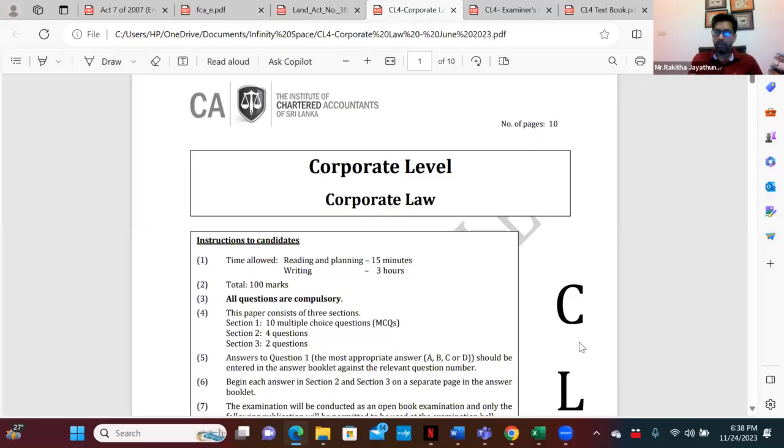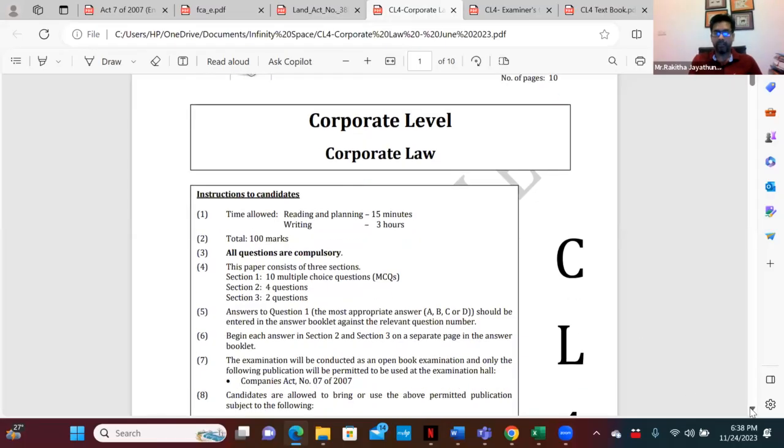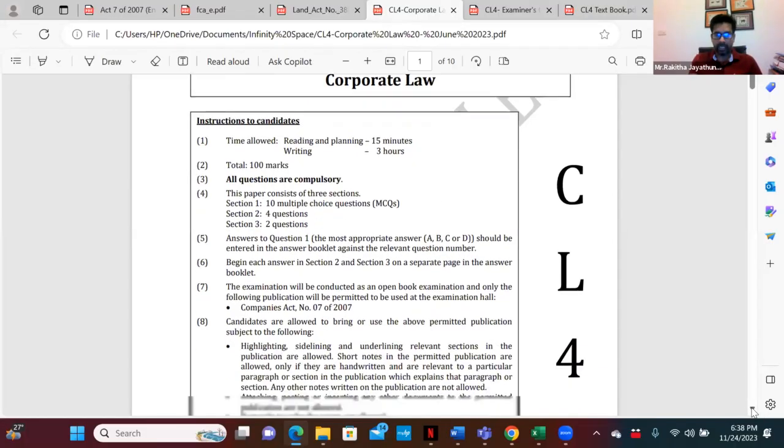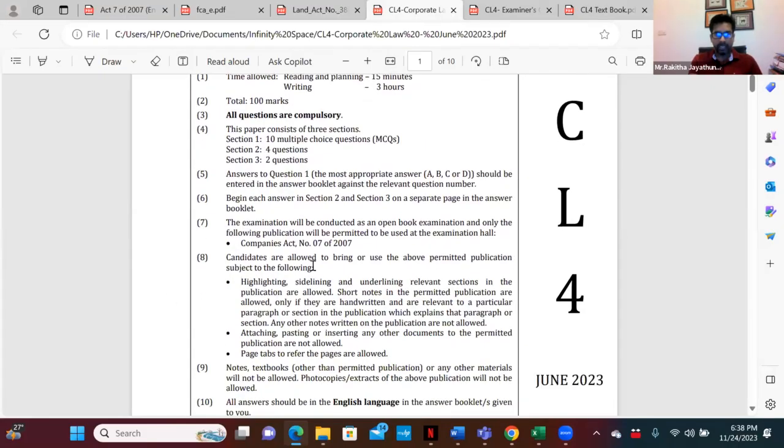But you need to familiarize yourself with the instructions, because then you can save a lot of time and you can pre-prepare yourself for the exam. I'm not going to read all the instructions given here. However, since this is important, instruction number 8 and 7, we'll go through it carefully, right?